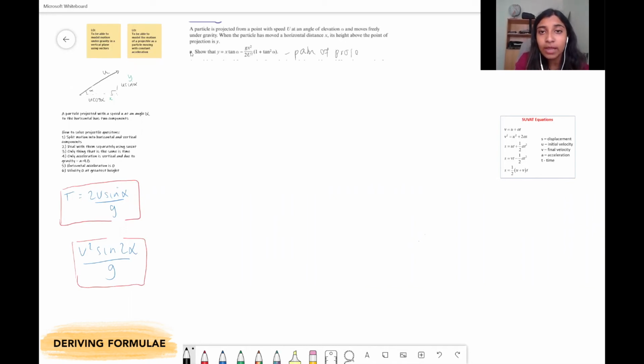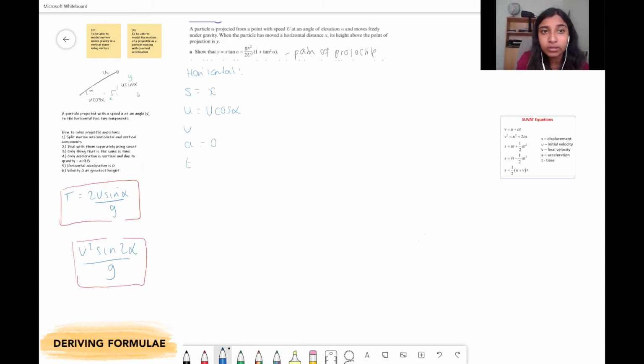So like always, the first thing we want to do is split our motions so we can have our horizontal components and write down any information we can. So we know that our displacement, our horizontal distance, is x. Our u is just u cos alpha. We don't know our v. For horizontal, acceleration is always 0.